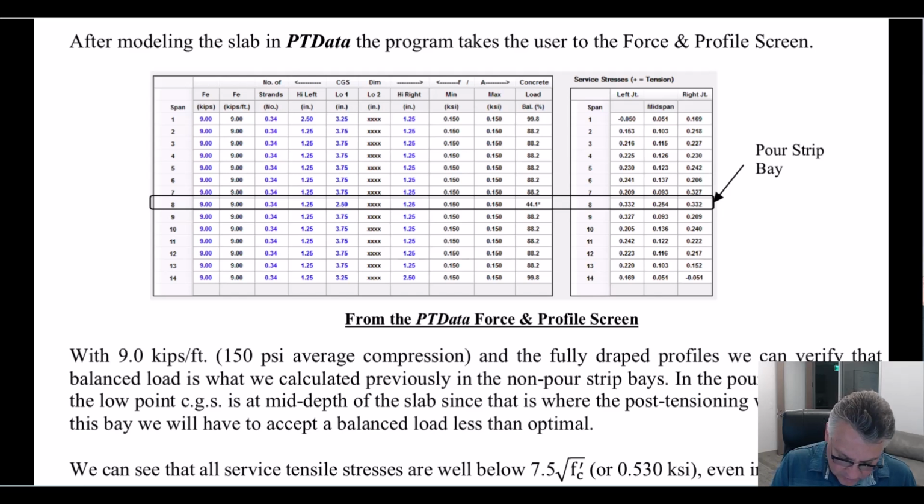Whereas you're fully draped in all of these bays to 3.75 inches from the top to the center of gravity of the steel, in the pour strip bay we're only going down to 2.5 inches because that's as deep as you're going to go. That creates a much lower balance load and potentially some stress issues.